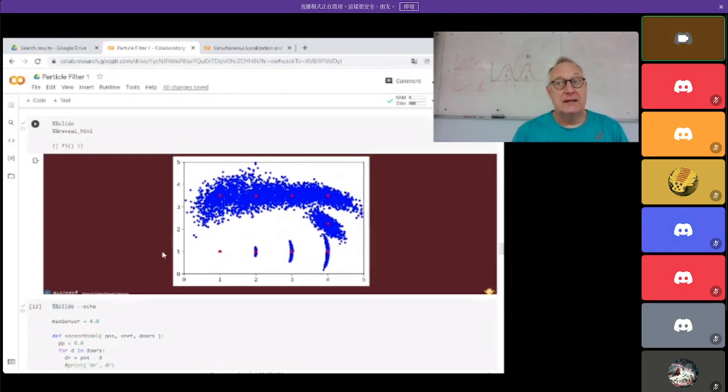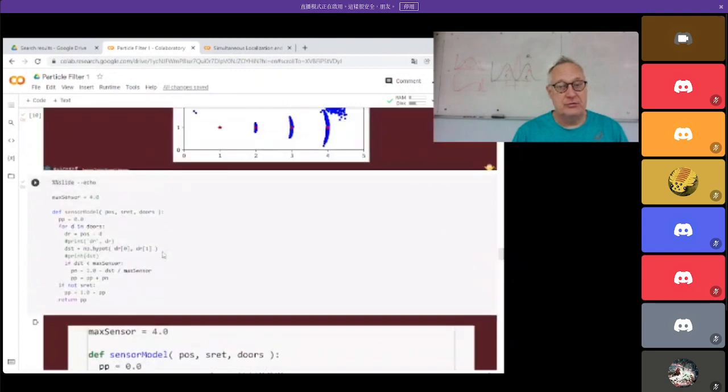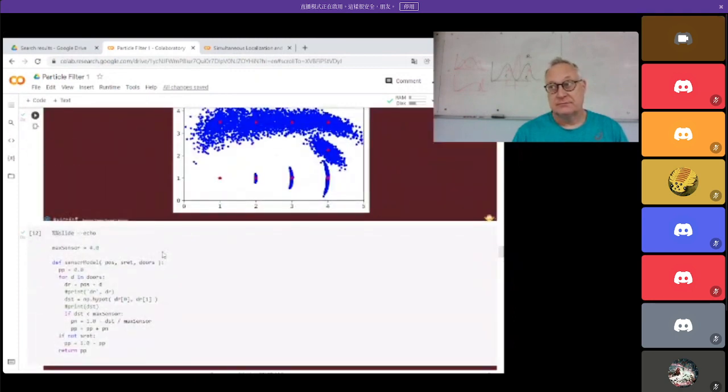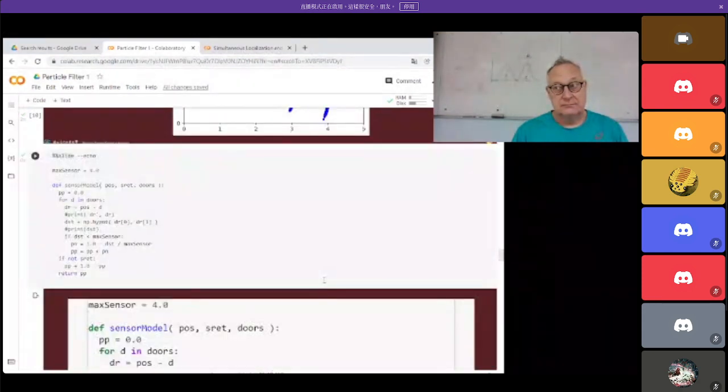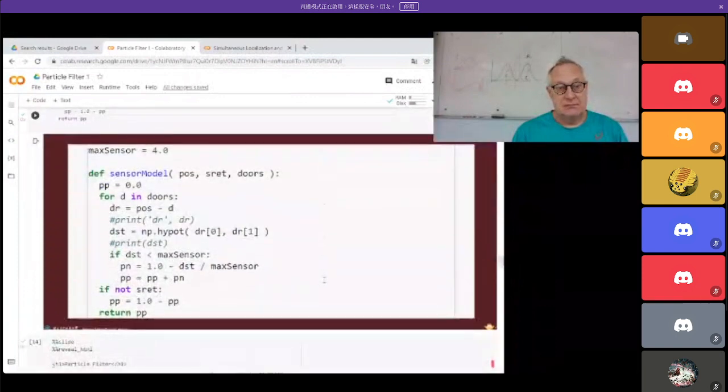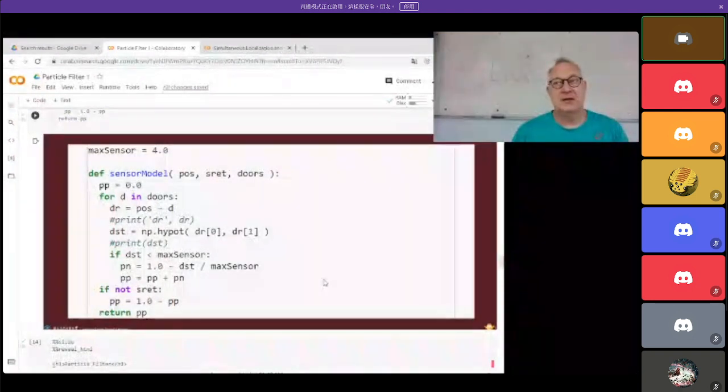So at the end of this, I should be at position 7.5 meters. Every time I move 25 centimeters, then the mean of my movements is 25 centimeters because they're Gaussian.